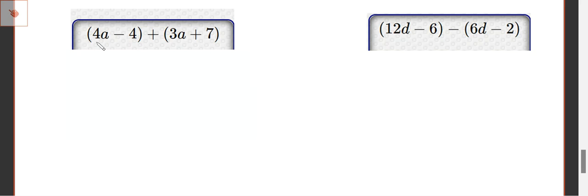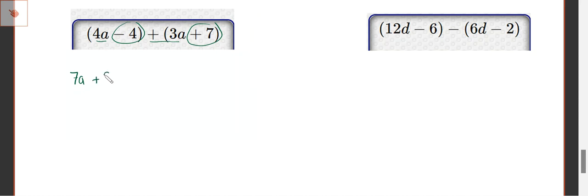7a's, because 4a plus 3a is 7a. Then you're at negative 4 and you're adding 7 on, so positive 3.